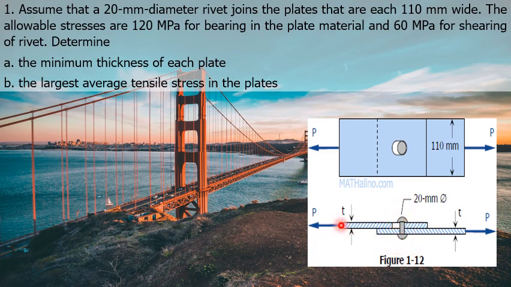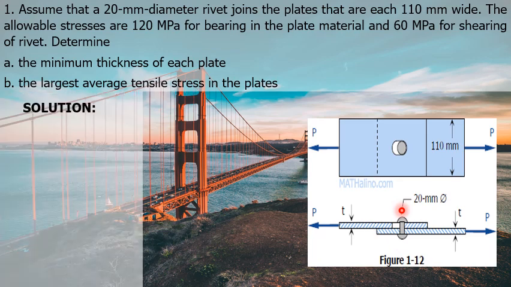The plates have a thickness of T, which is what is asked in letter A. They are subjected to a tensile load P, which then causes bearing stress between the plates and the rivet, and also shearing in the rivet. Let's proceed with the solution.